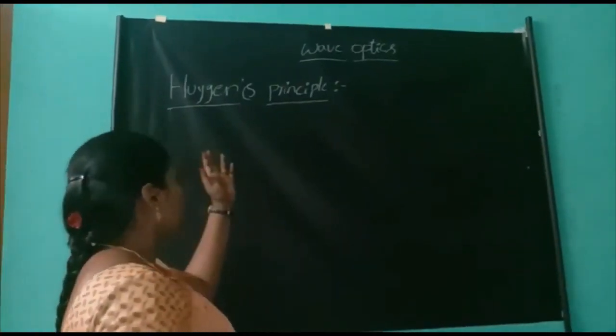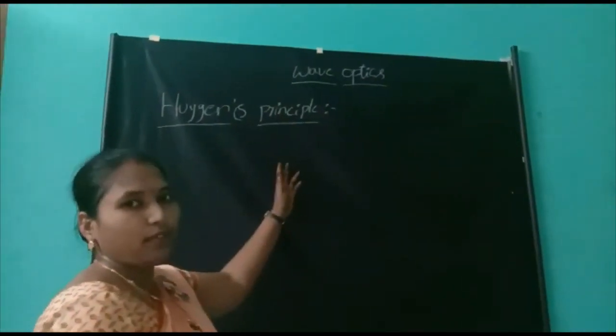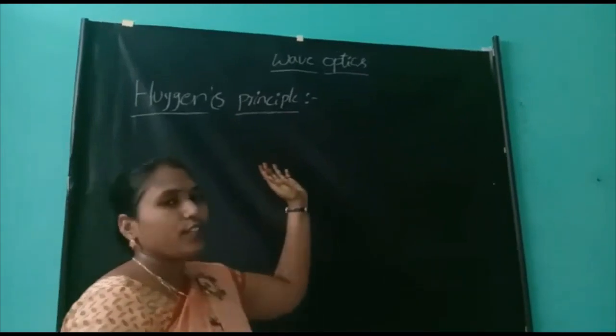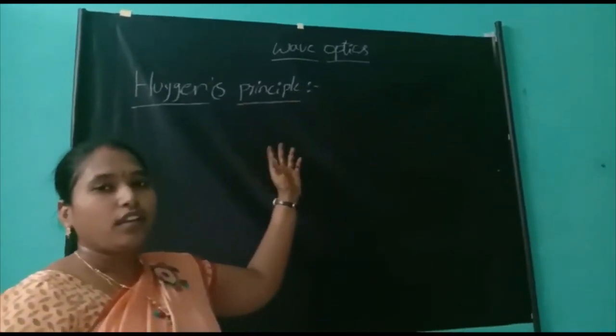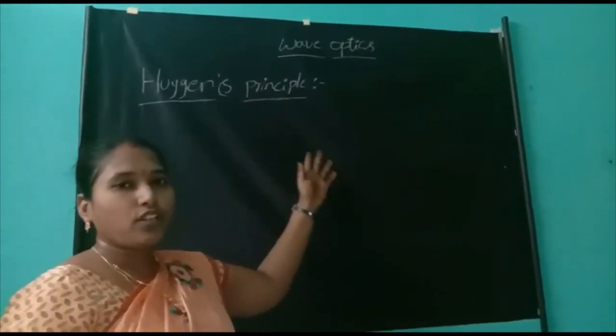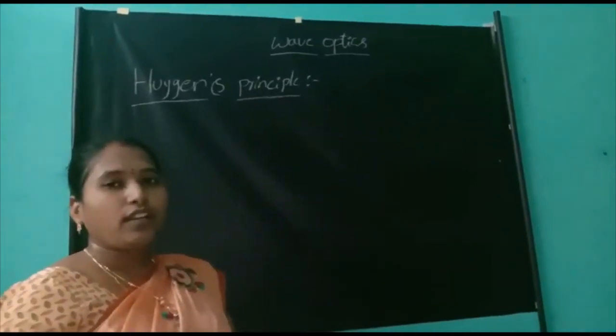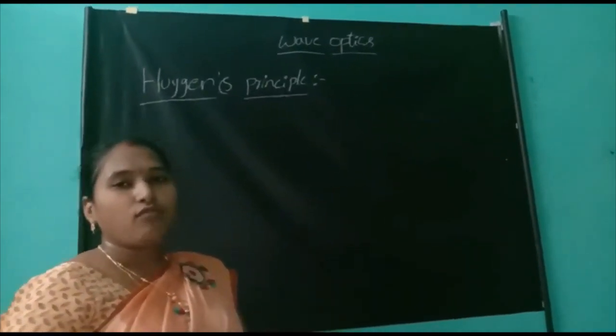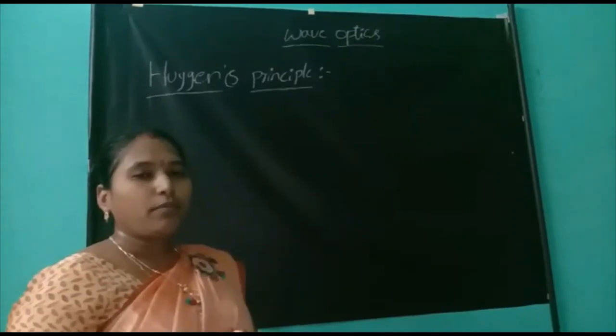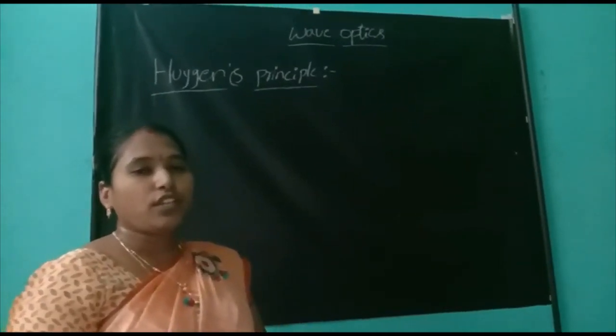Today we are going to discuss the topic of Huygens principle. Assume the propagation of a wave through water, or on the surface of the water, nothing but crest propagation.